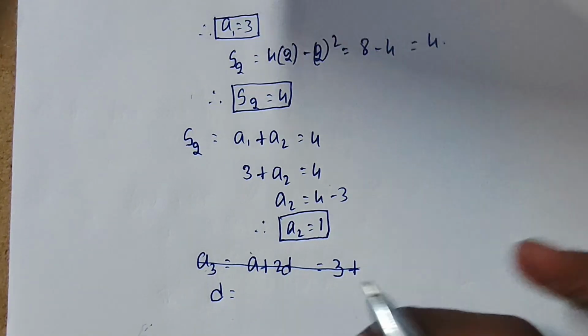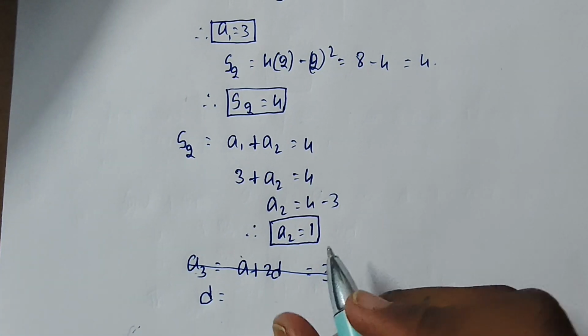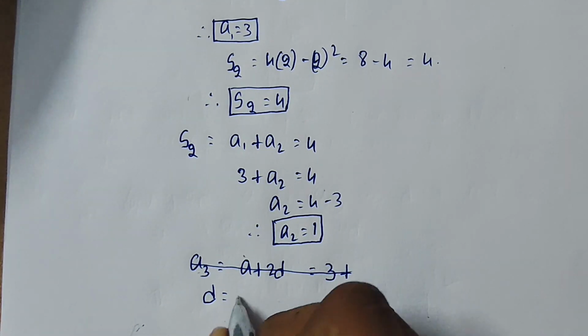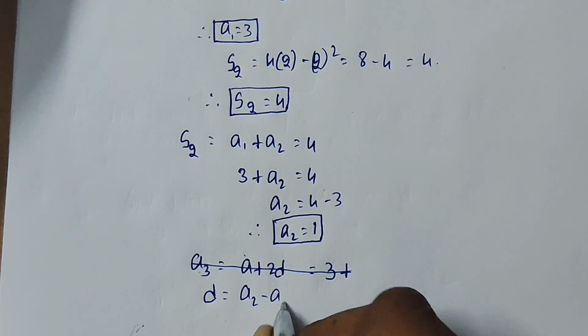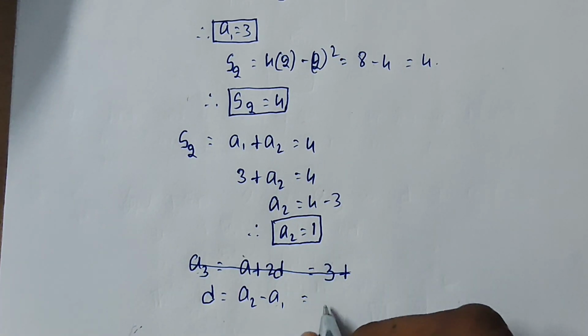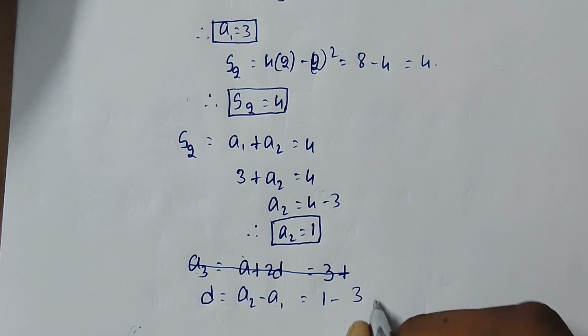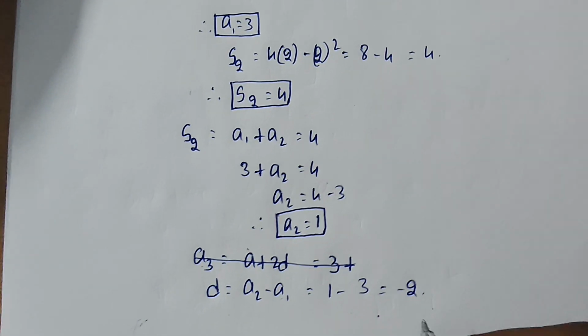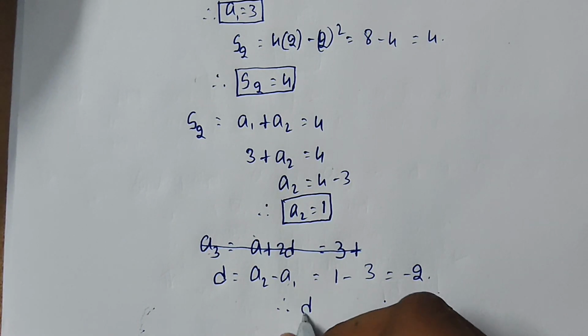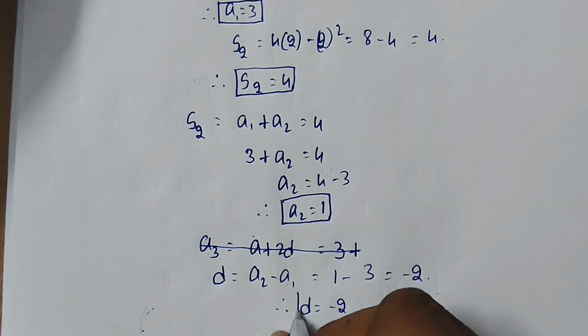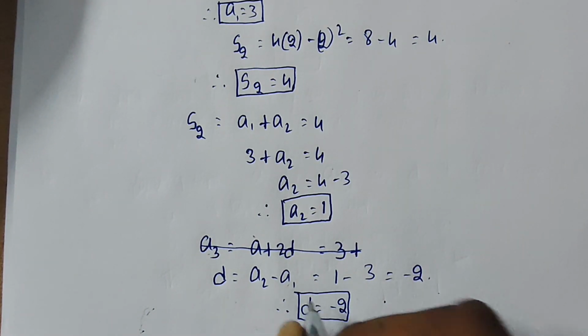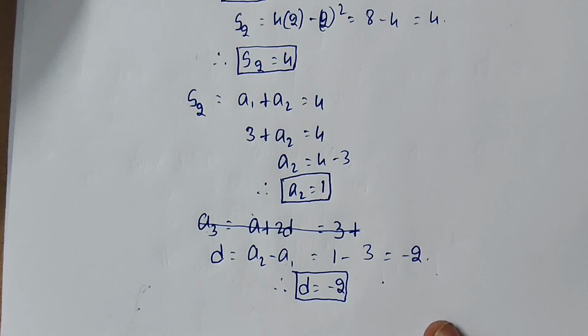To find D, we have to check whether A3 minus A2 or A2 minus A1. I am taking A2 minus A1. The value of A2 is 1 minus the value of A1 is 3, we got minus 2. So therefore the value of D is equal to minus 2. So we got the value of D.